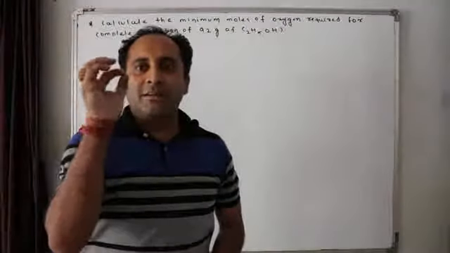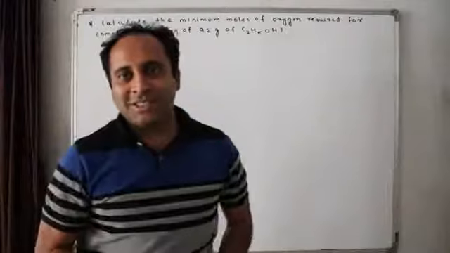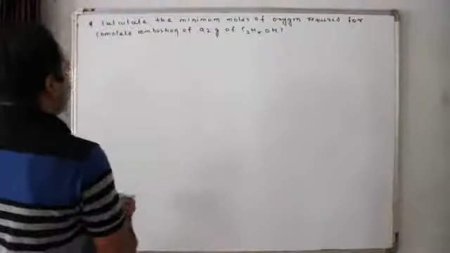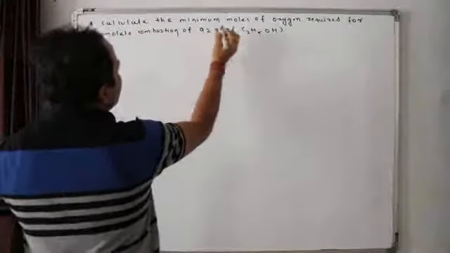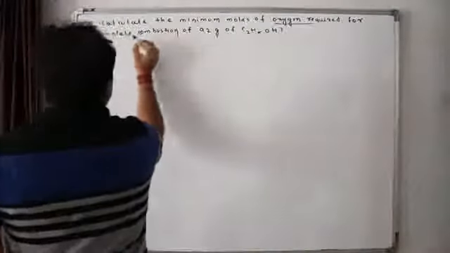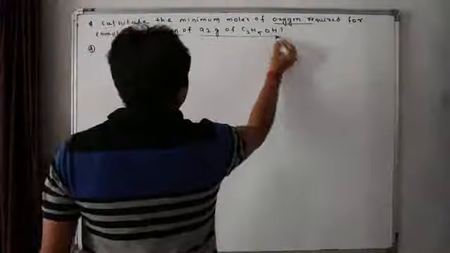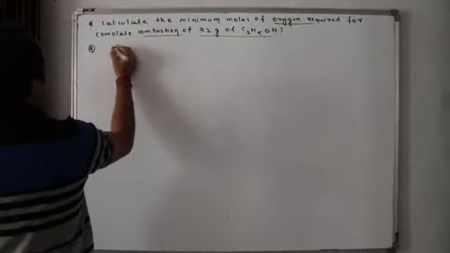C2H5OH को completely combust करेंगे, मतलब burning this in the presence of oxygen. Clear? I'll be giving you the equation. पहले calculate करेंगे minimum moles of oxygen required, कितना ऑक्सीजन चाहिए for complete combustion of 92 grams of C2H5OH.